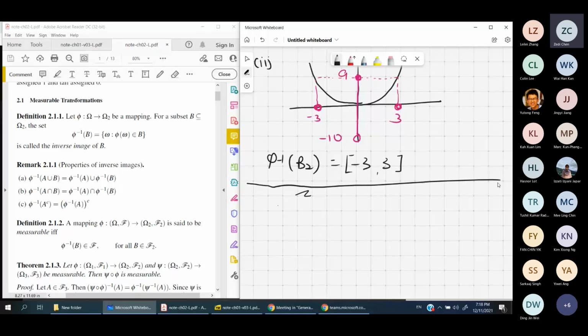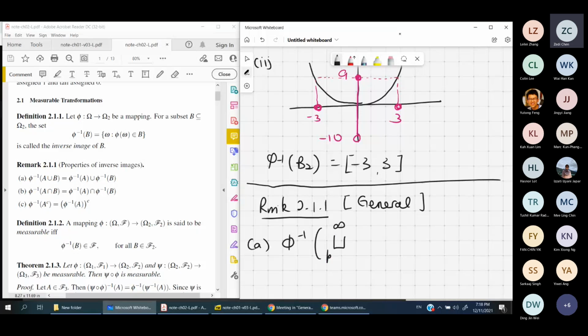Okay, you may have a formula. This is the general case, maybe up to infinity. So that is the inverse for it. If you take the union up to infinity, you can actually use the process of mathematical induction.